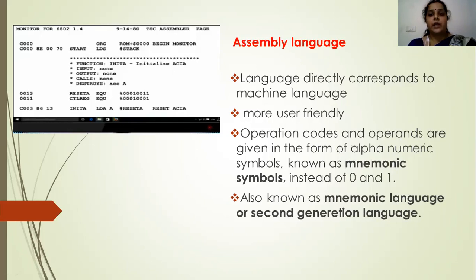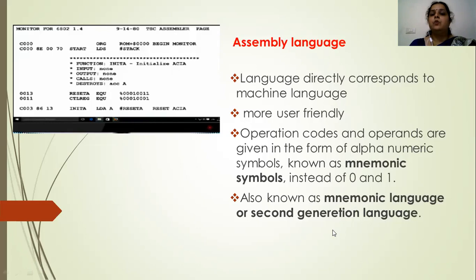And that is why this language is also known as second generation language or mnemonic language. This is another name of assembly language. So for binary language we had another name, first generation or machine language. In the same way, assembly language has another name, mnemonic or second generation language.